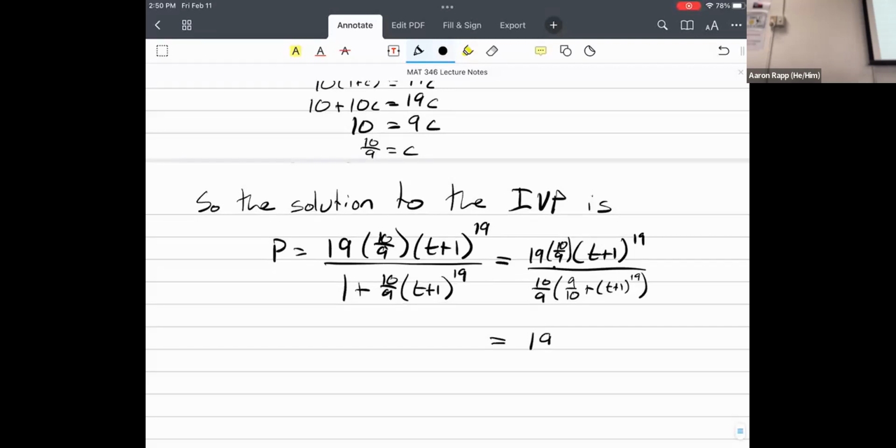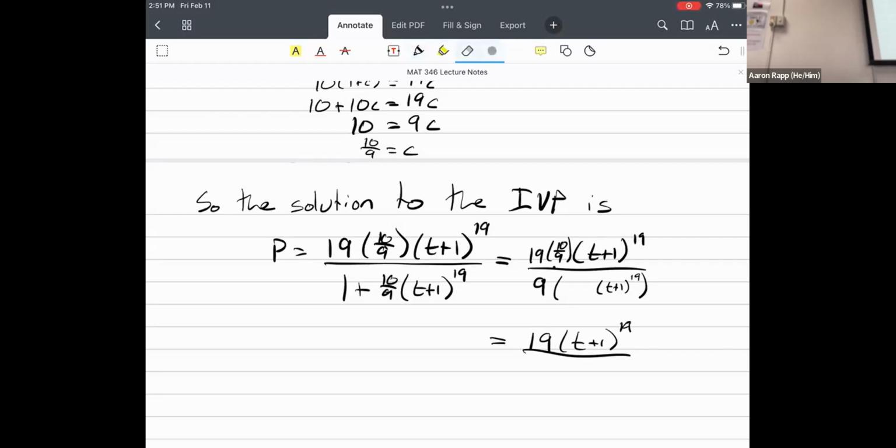So what we should have is 19 times (t plus 1) to the 19th power all over... Maybe this is what I get for rushing. I should just glance over at my notes. The simpler thing to do would just be pull out a factor of 9.